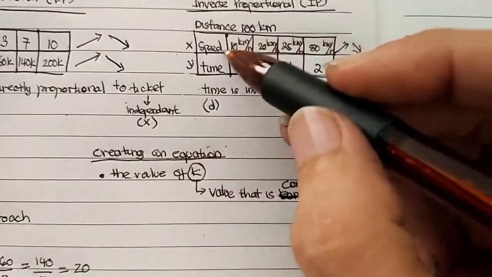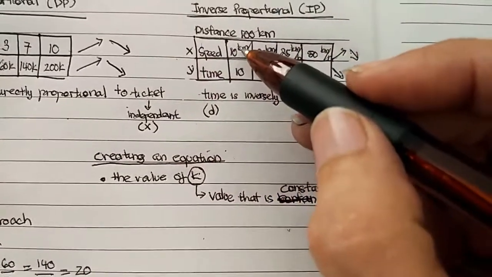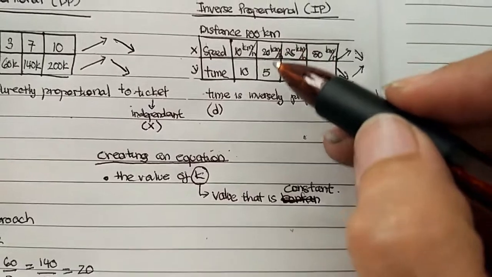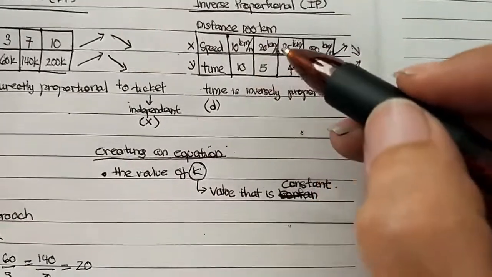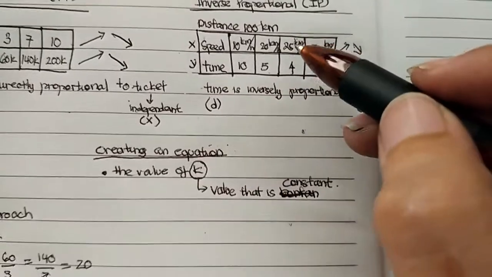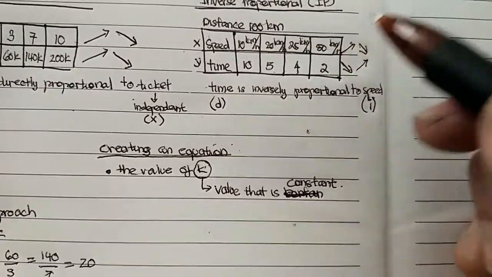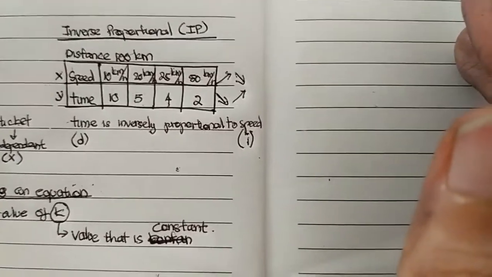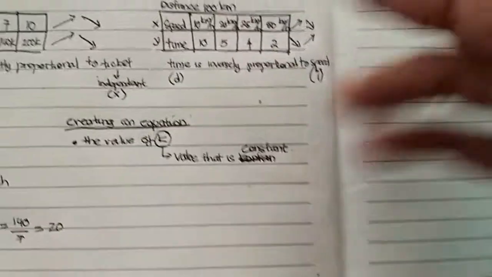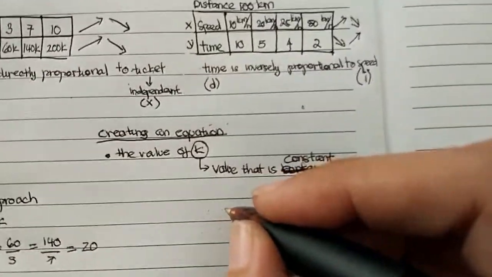Look here, okay, x and y. If I multiply the x and y, all of them will give you 100. 10 times 10, 20 times 5, 25 times 4, 50 times 2. So all of them will give you a constant value, which is 100. So we can use that fact to make an equation.